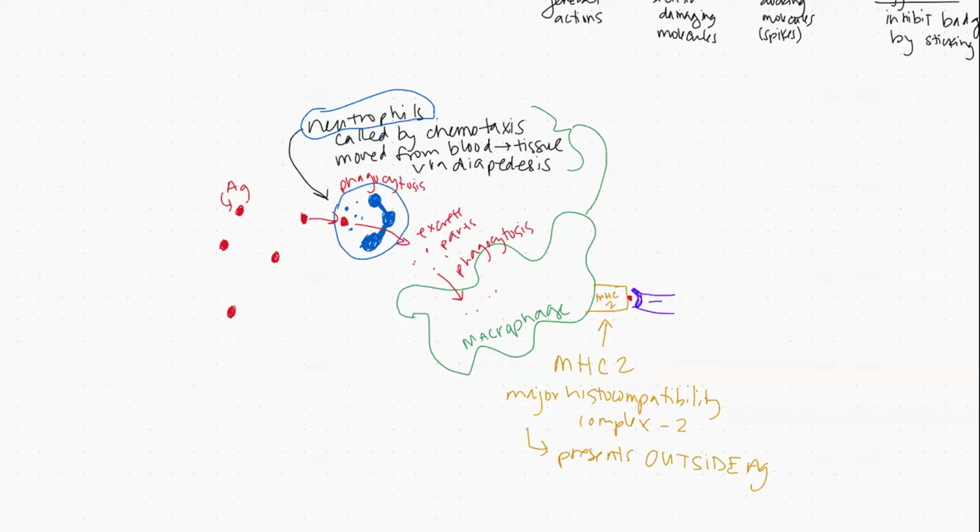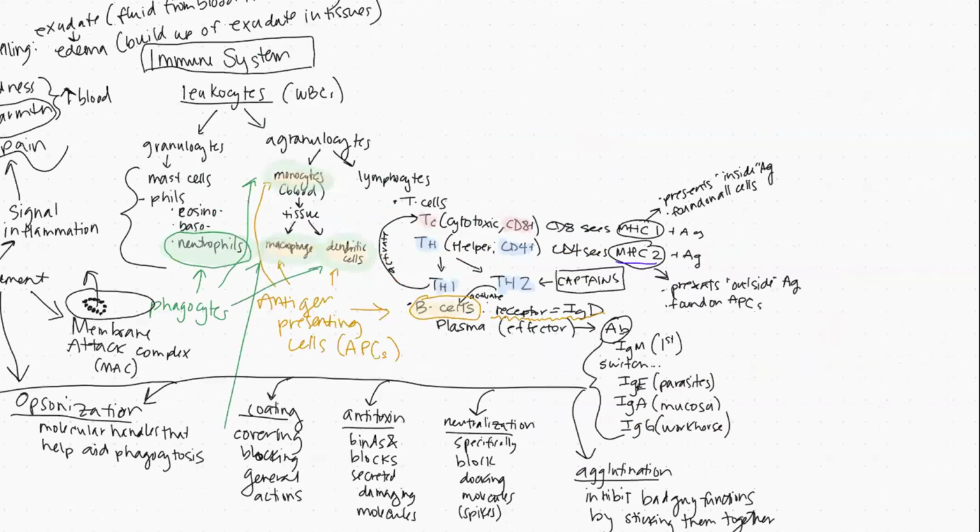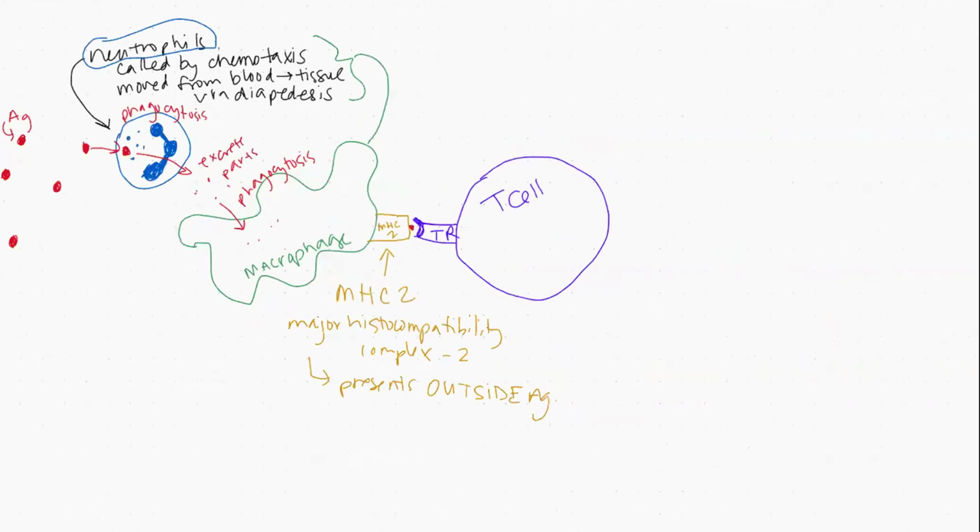And so this is a T cell. And if we remember by looking up here, T cells that recognize MHC2 have CD4. If they have CD4, they are T helper cells. So here we've got MHC2. We've got our T cell receptor actually recognizing the antigen itself. So it's a very specific interaction.